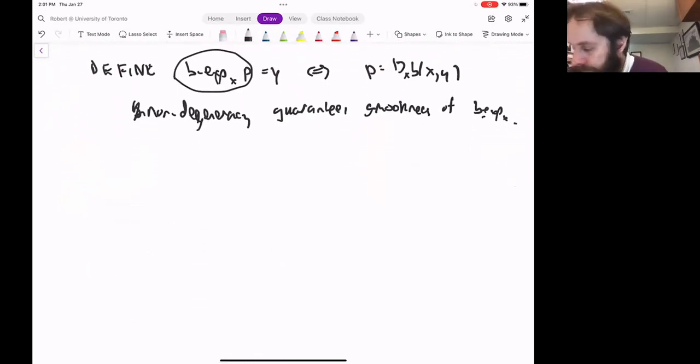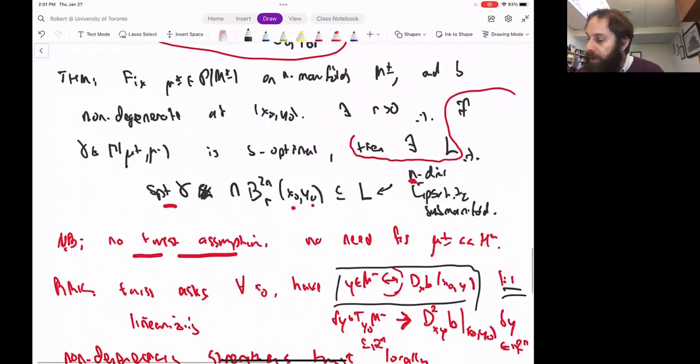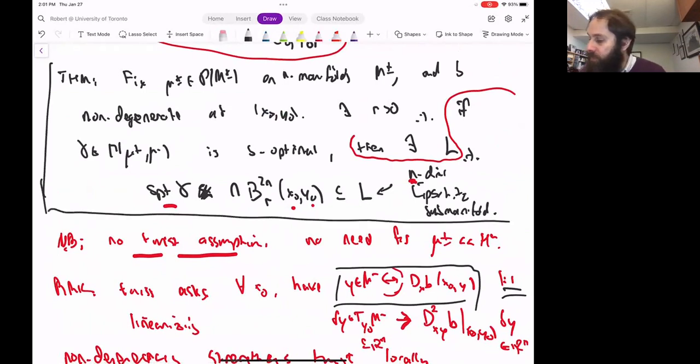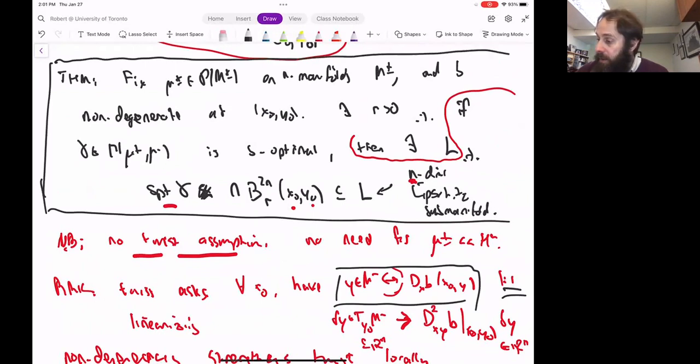All right. Let me try to sketch the proof of the theorem. Actually, the proof of the theorem is pretty close to what we've already seen. We already saw it when I was sketching a proof of Alexandrov's theorem that convex functions are twice differentiable almost everywhere. Somehow, the idea of that proof also works in this situation.